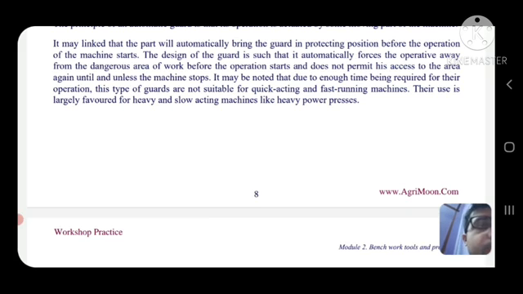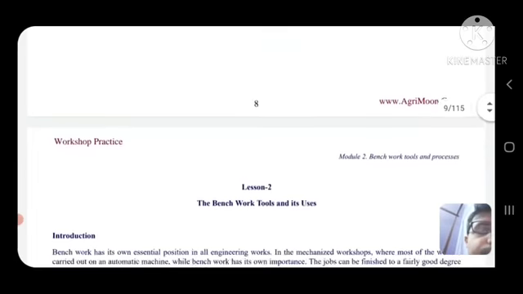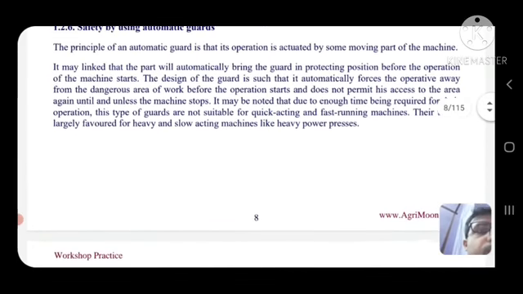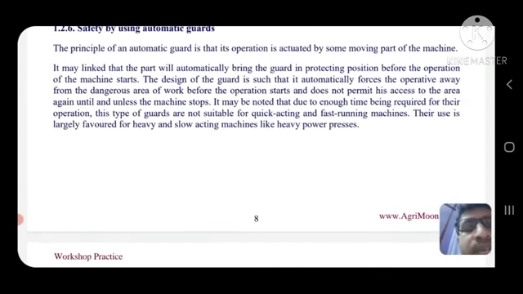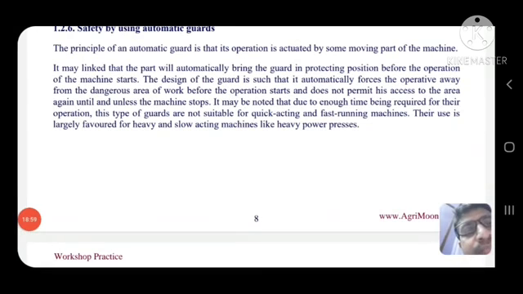It may be noted that due to enough time being required for their operation, this type of guard is not suitable for quick acting and fast running machines. Their use is largely favored for heavy and slow acting machines like heavy power presses.